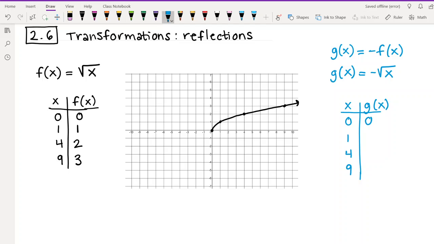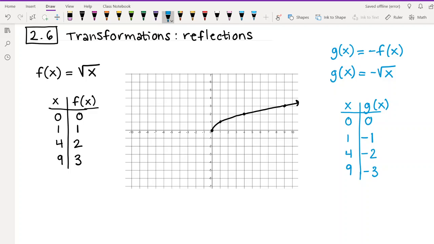But for example, if we plug in 1, we take the square root of 1 and we get 1, but then we add a negative sign, and so we get negative 1. Similarly, if you plug in 4, the square root of 4 is 2, but then we apply the negative sign, and so we get negative 2. And then if we take the square root of 9, we get 3, we apply the negative sign, we get negative 3.